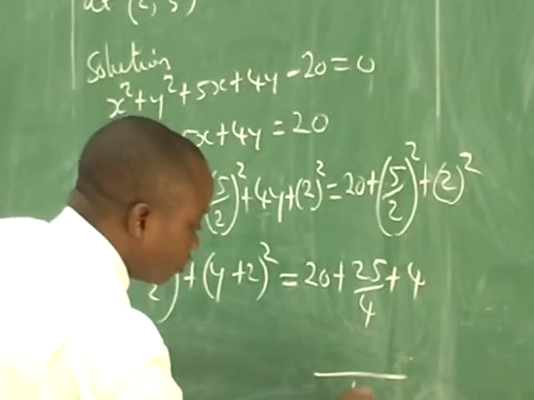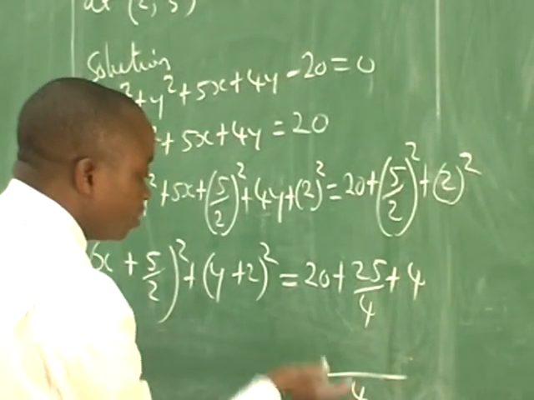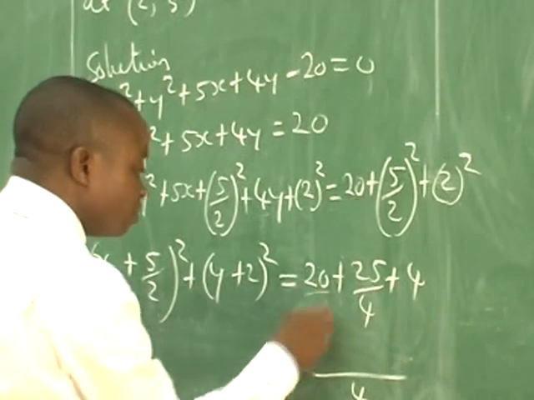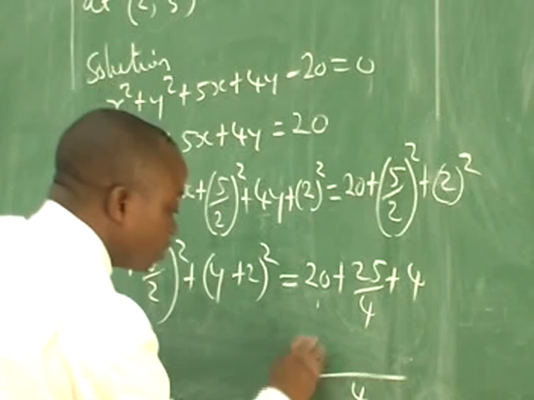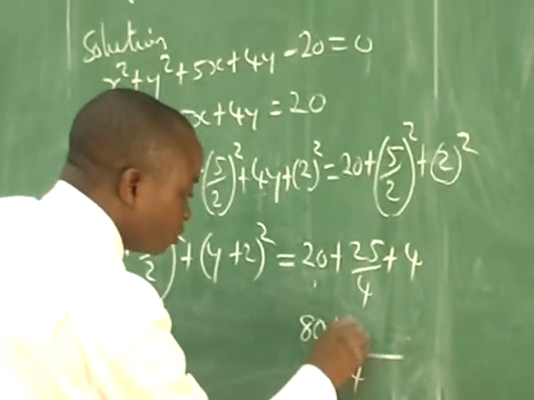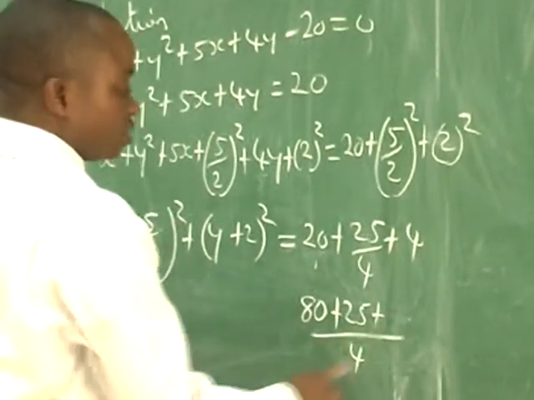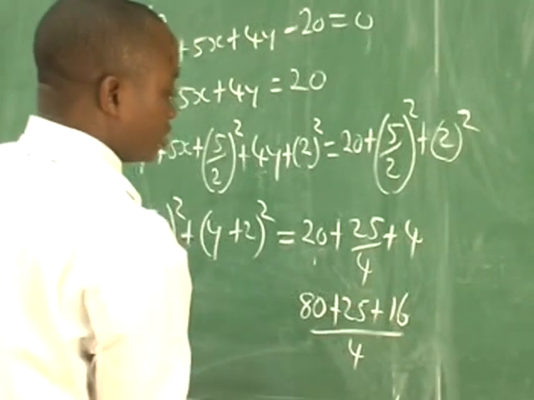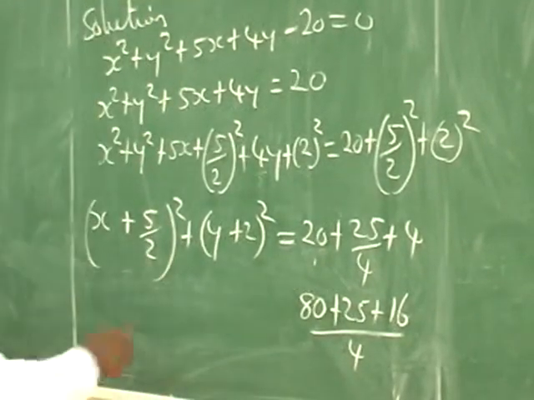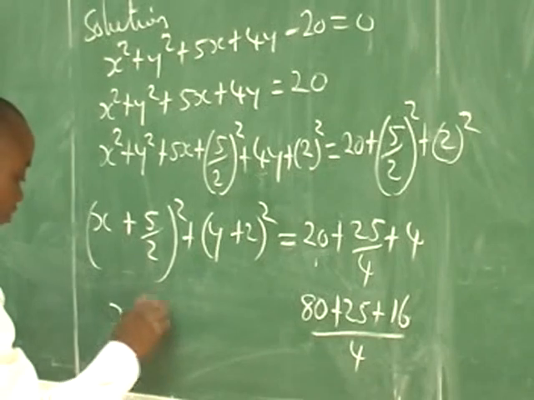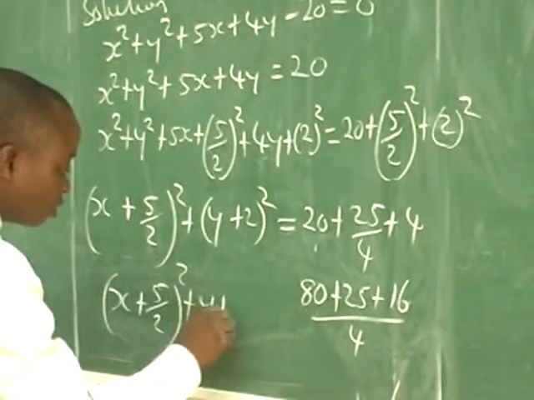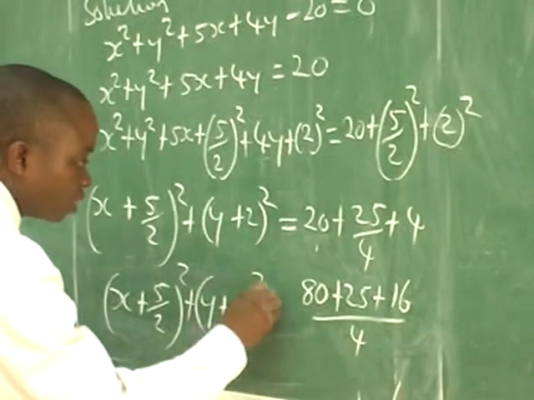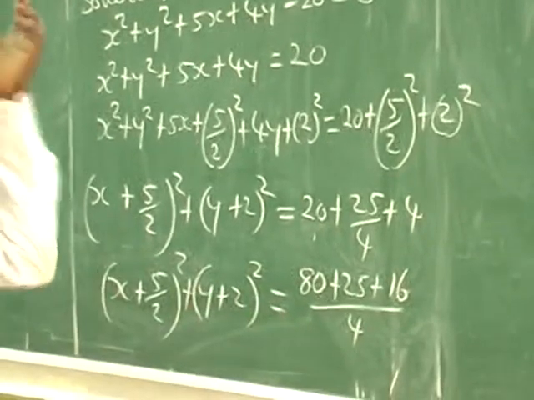The LCM here is 4. Now 4 divided here is 4, because this is over 1. And then 4 times 20 will give us 80. 80 plus 25, plus this side is 4 plus 16. Alright? So (x plus 5 over 2) squared plus (y plus 2) squared will be equal to this.